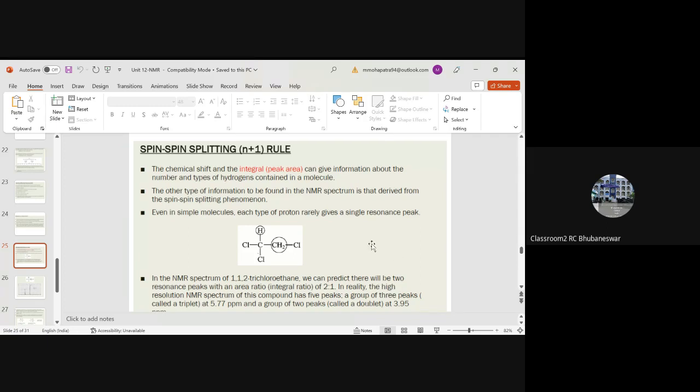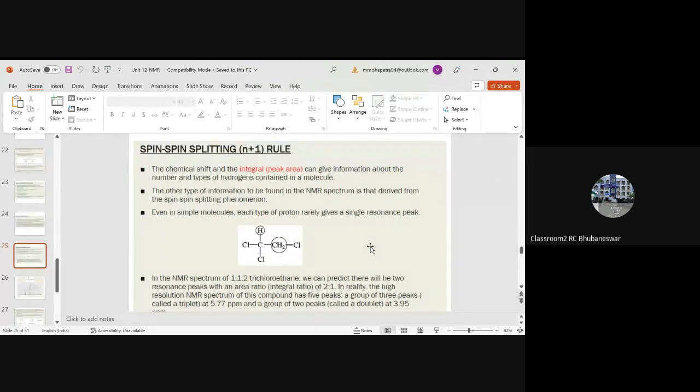Okay, so in the NMR spectrum of this compound, how many types of protons are you seeing? Two types. One is the CH2 with the nearby Cl, and the other is the CH. So both have different environments, right?